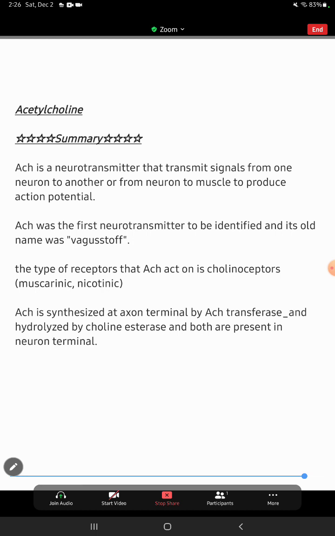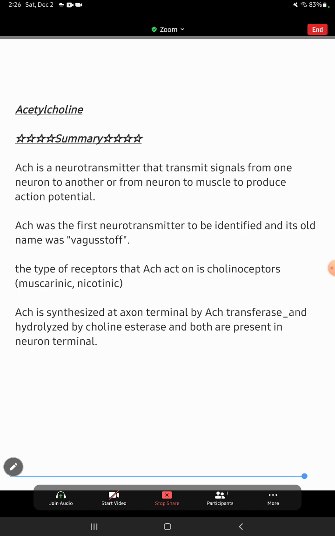So, acetylcholine is a neurotransmitter that transmits signals from one neuron to another or from neuron to muscle to produce action potential. ACH was the first neurotransmitter to be identified, and its old name is vagusstoff. The type of receptors that ACH acts on are cholinoceptors, meaning muscarinic and nicotinic.